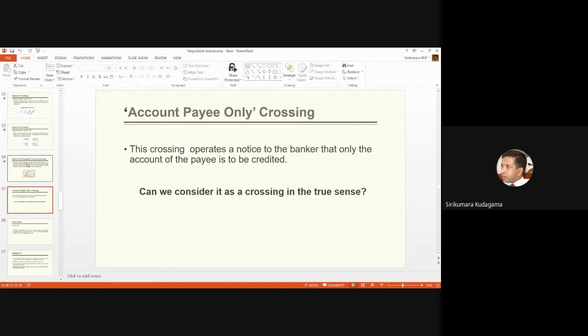A check is an instrument whereby you, the drawer, give an order to your bank. So it carries your message, your order. You say pay X, so the bank is liable to pay X. You say pay X or order, so your bank is liable to pay X or even its order.